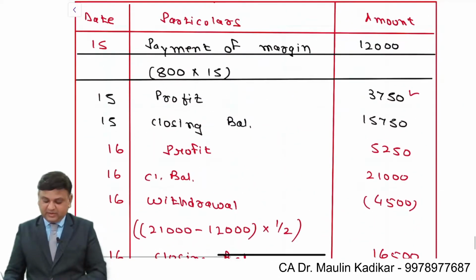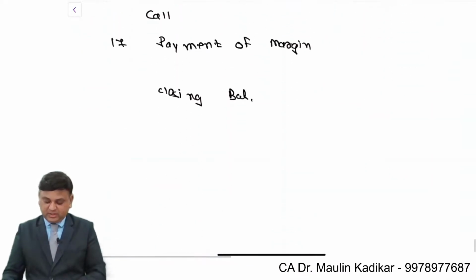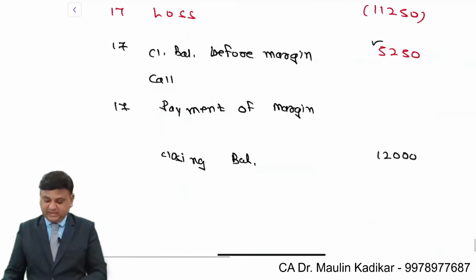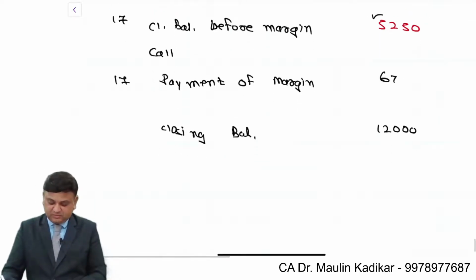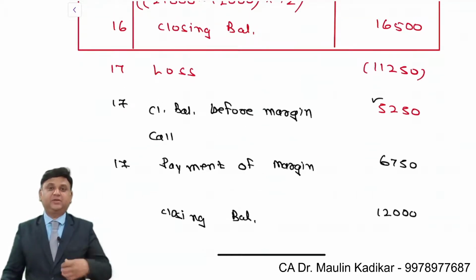And what is the amount of the initial margin? It is 12,000. So over here, the balance should be equal to 12,000. So what is the payment of the margin? It is 6750. That is the way we are required to make the computation of the payment of margin.